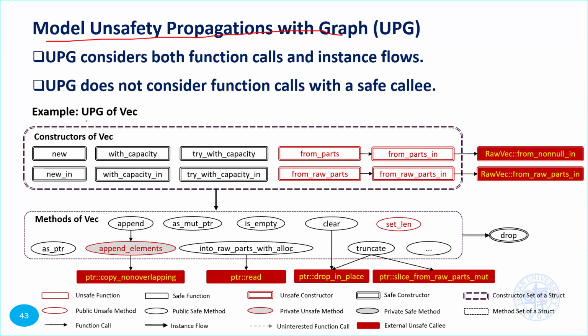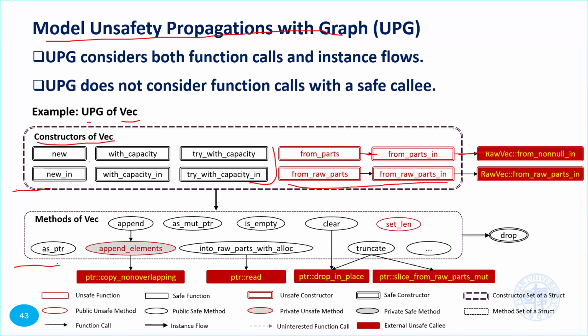Let's use the struct Vec for demonstration. In this UPG, on the top layer, we have a set of constructors of Vec. We have 10 constructors. The left 6 are safe, and the right 4 constructors are unsafe. They may also have unsafe callees to external dependent unsafe APIs.